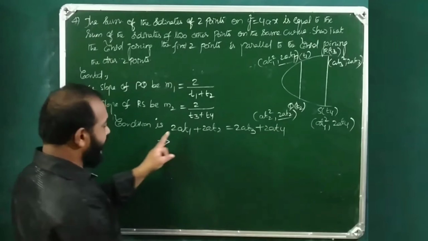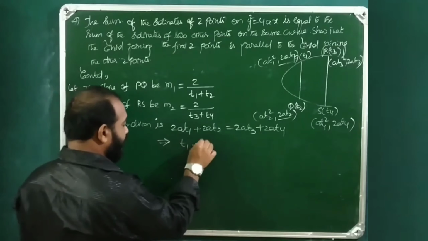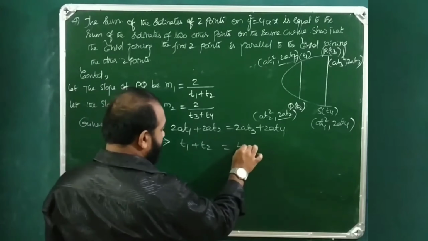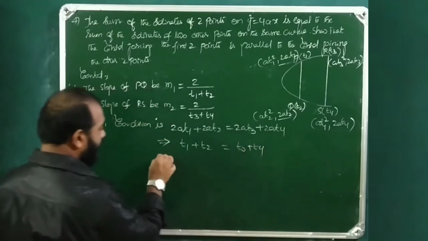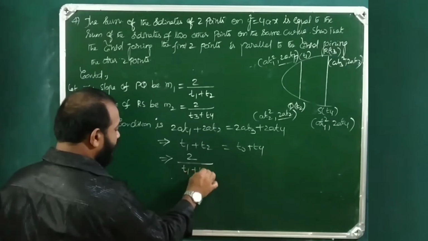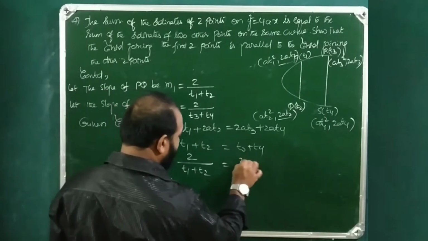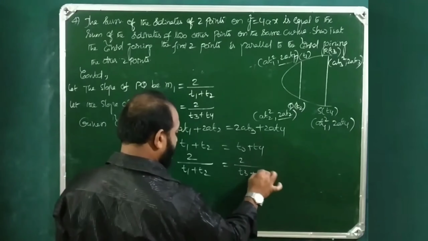If I take 2a in common and cancel throughout the equation, we'll get t1 plus t2 is equals to t3 plus t4. Without loss of generality, I do 2 by t1 plus t2 is equals to 2 by t3 plus t4.